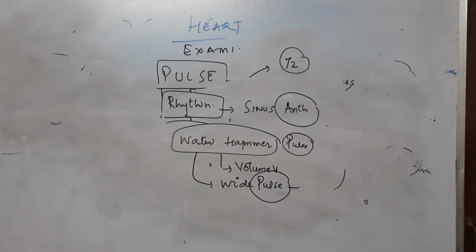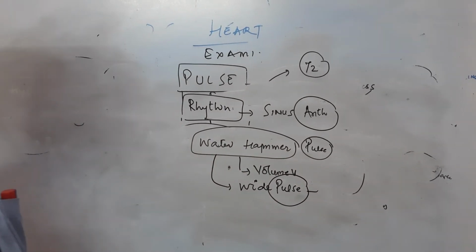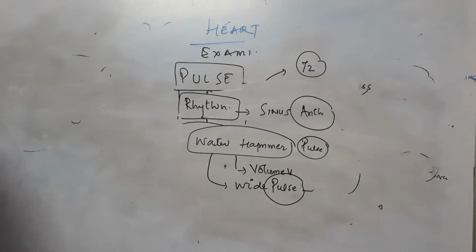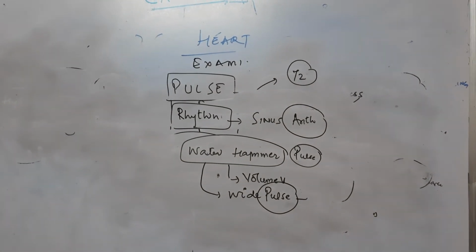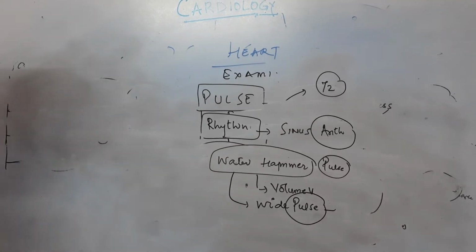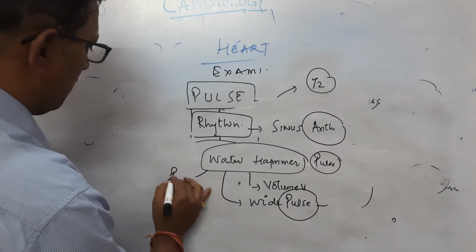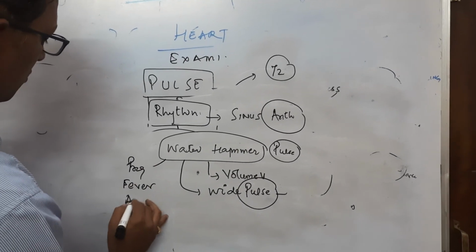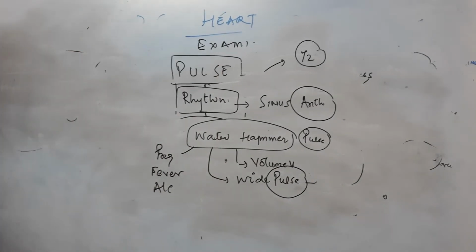So when we talk about wide pulse pressure, you have physiological reasons and pathological reasons. Your physiological reasons are pregnancy, fever, and alcoholism. There you'll find water hammer pulse.